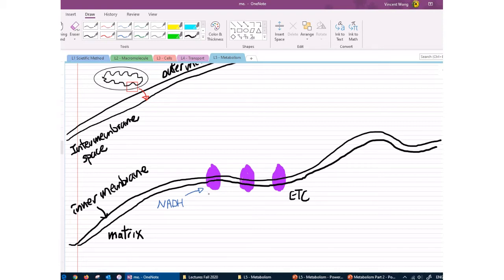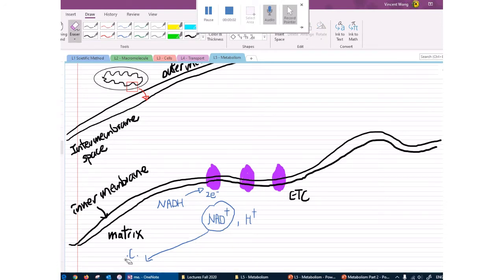The two high energy electrons are going to attach to the first protein, and in doing so, you are going to regenerate NAD+, and of course H+. The NAD+ will now be able to go back to pyruvate oxidation as well as the Krebs cycle to pick up more electrons, and then come back and transport them to the ETC.